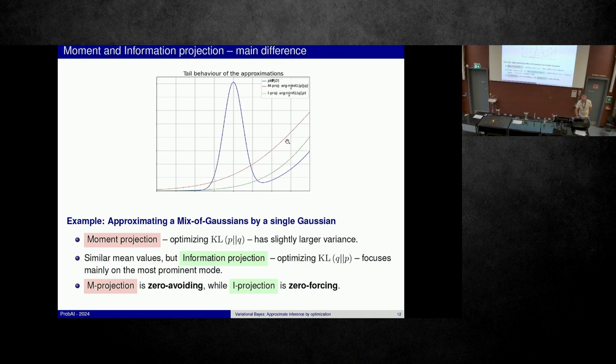So it's 0 avoiding. The information projection, or the Q to P, is, on the other hand, afraid of staying positive when the true distribution is quickly going to 0 here, therefore having to be low all over this second mode. So different behaviors. And then both can be used and both are used.